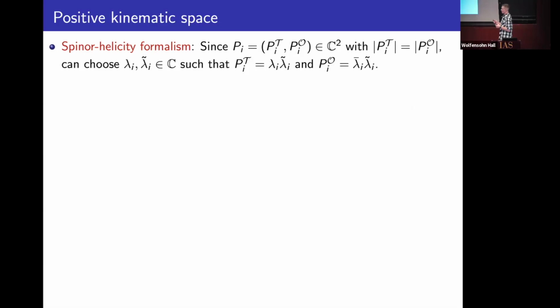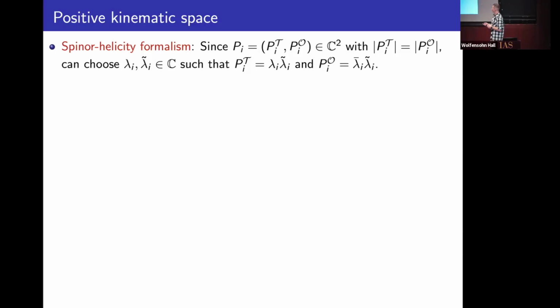And these two products are of the same absolute value. You can convince yourself that you can always factorize in this way, but there is some freedom. Namely, you can rescale the first by some real number t, and then divide the other lambda tilde by the same number t. That's called the little group action, but that's the only freedom you have.